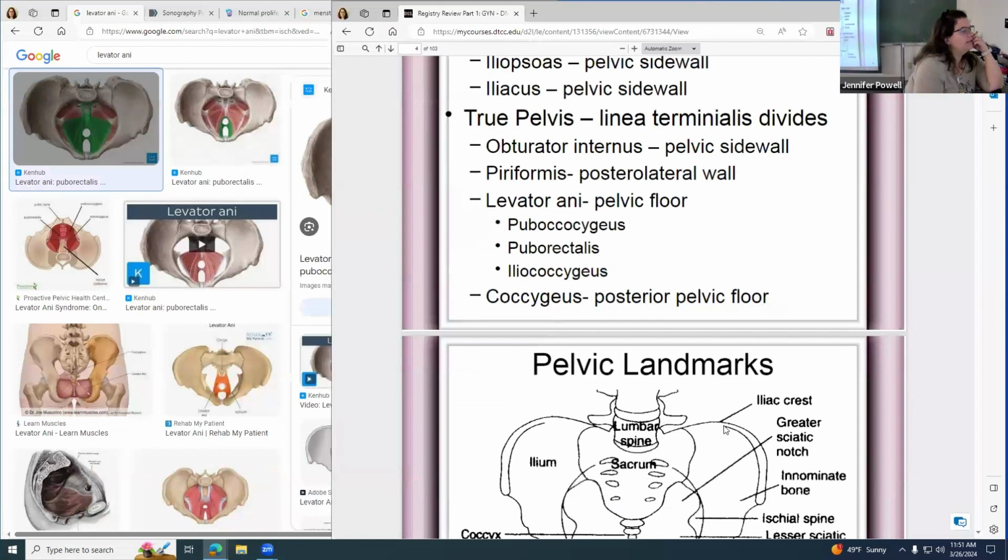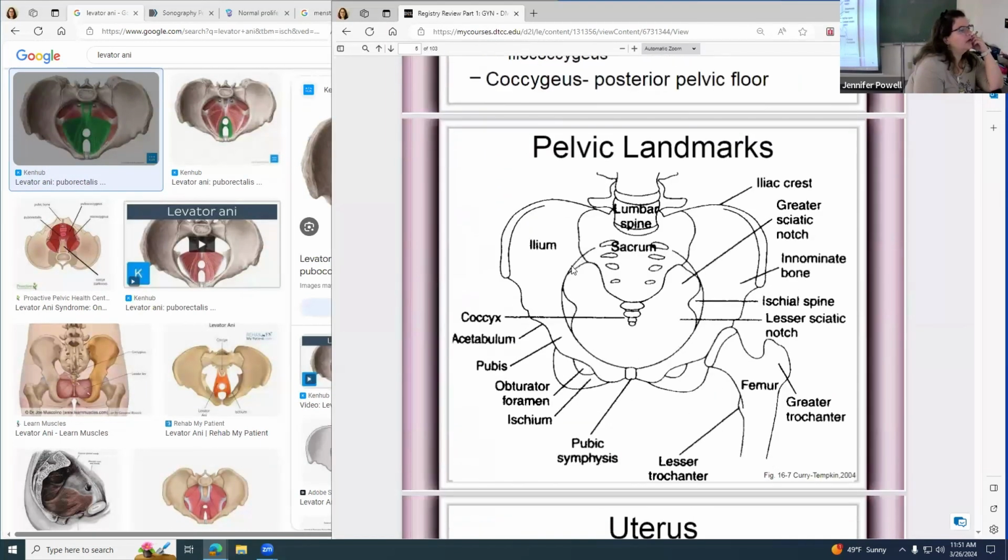All right, pelvic landmarks. You've got your ilium. That's the word I was looking for, not ischium, I guess. These bones of the spine here, the lumbar spine, the sacrum, the coccyx, more parts of the hip, the acetabulum.